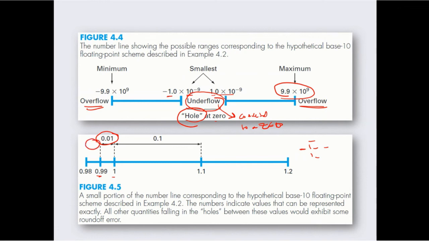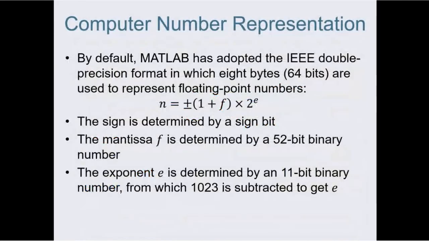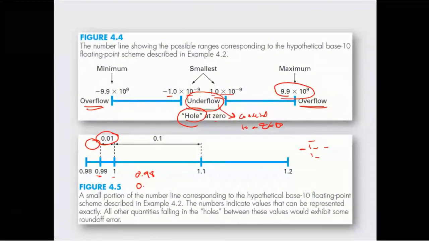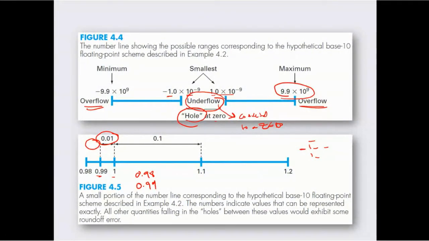Similarly, here we have size 0.01, that's the hole size. What do we mean by this hole size? It means that we can define 0.98, we can define 0.99, but you are not going to be able to define 0.983 because you don't have any space for that.